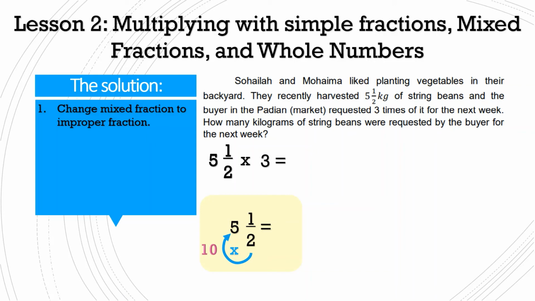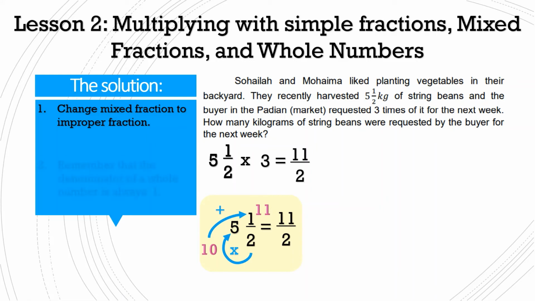Then we add the numerator to it. So 10 plus 1 is equal to 11. And we write it down as 11 over 2 because we copy the denominator, which is 2. So 5 1/2 is equal to 11 halves.